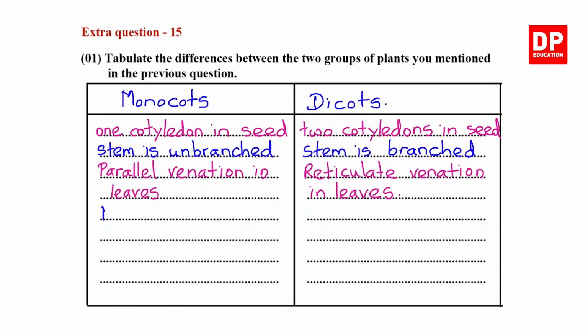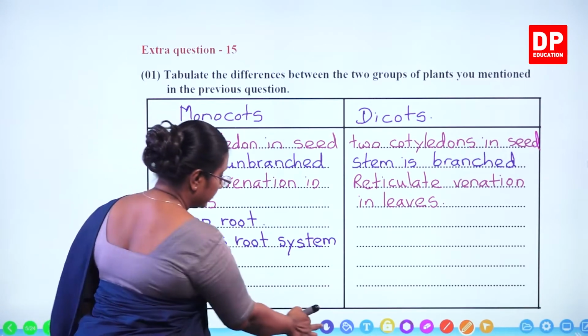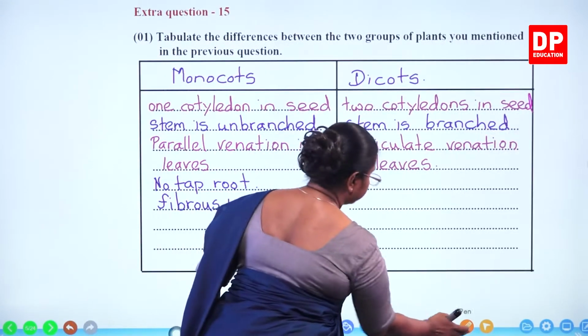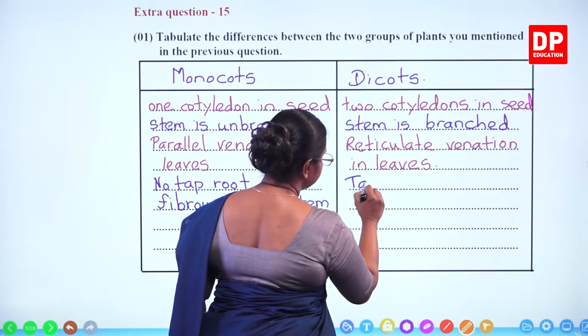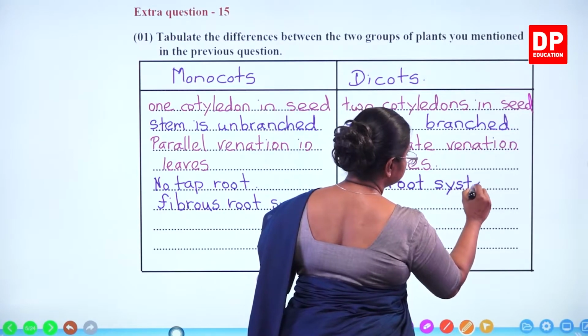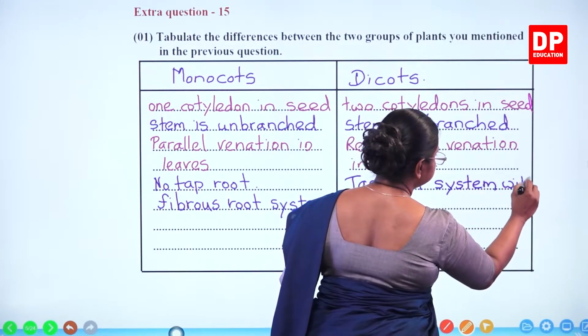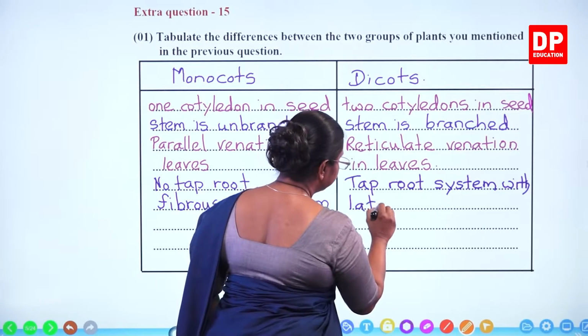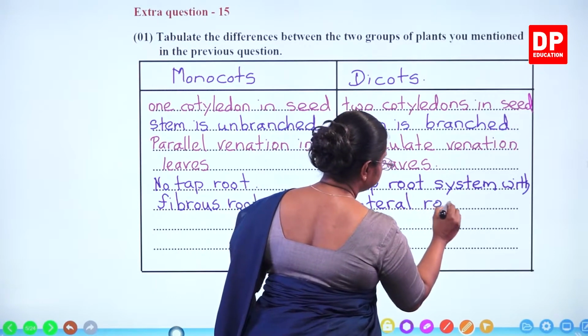So, here there is no taproot, but they have fibrous root system. How about the dicots? They have taproot system with lateral roots.